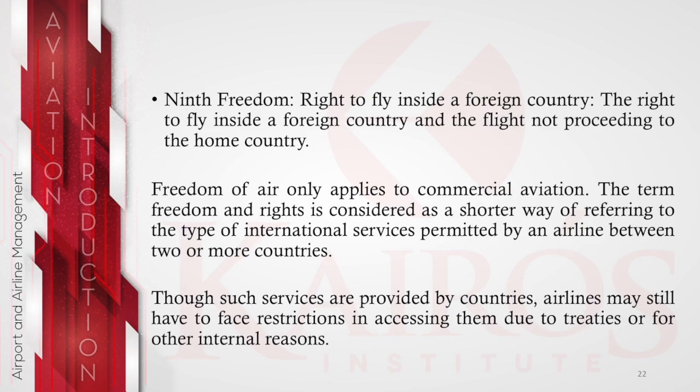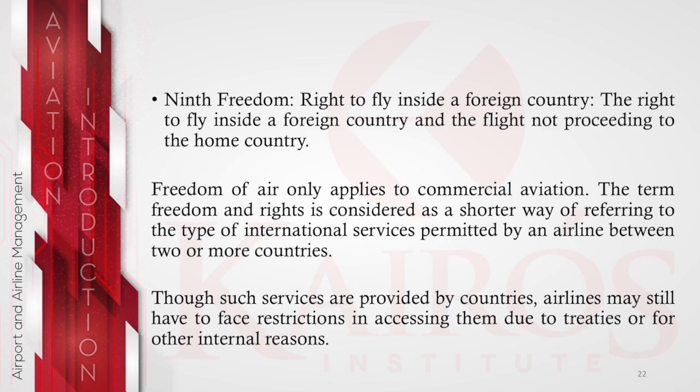Freedom of air only applies to commercial aviation. The term freedom and rights is considered a shorter way of referring to the type of international services permitted by an airline between two or more countries.